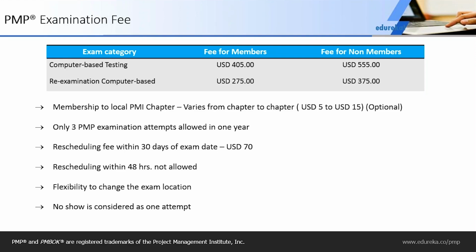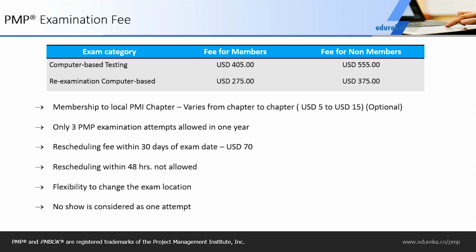And another benefit, I should not call it a benefit here, but if any person unfortunately fails to clear the PMP examination in the first attempt, then within that 1 year's time, that person can go for a reattempt, a second attempt. Depending on their membership status, that person may have to pay the fee, either $275 or $375.